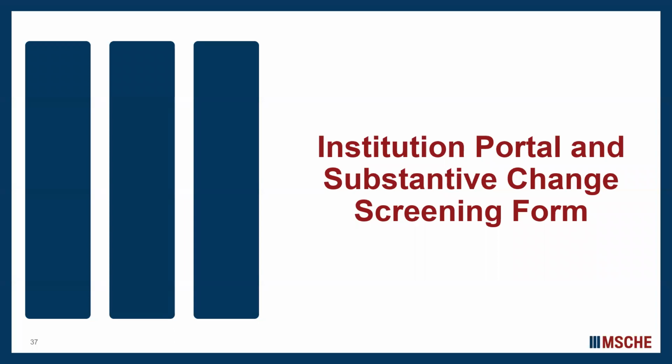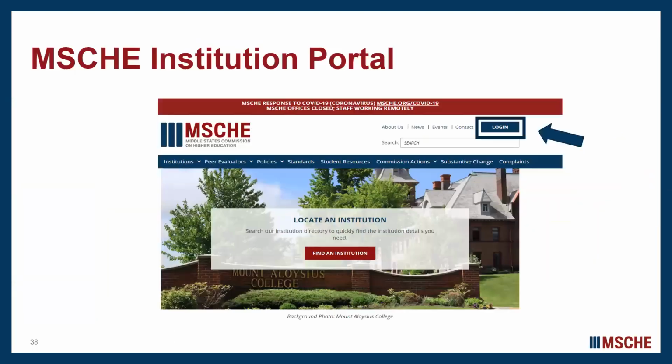The next segment is the institutional portal and substantive change request form. We get so many questions about accessing the substantive change screening form. I will give you a high-level set of directions on how to navigate the institution portal and get to the screening form.